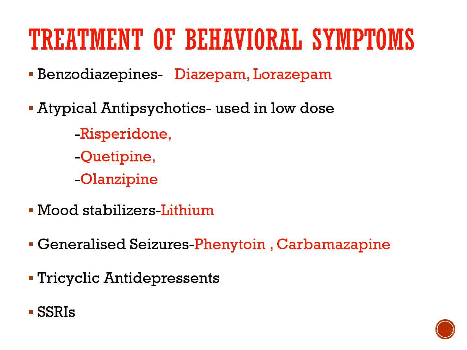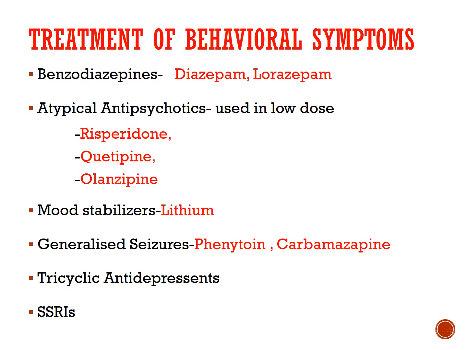And next is the management of behavioral symptoms in Alzheimer's disease. So the behavioral symptoms include agitation, anxiety, depression, and seizures. So we need different groups of drugs for the management of all those symptoms.